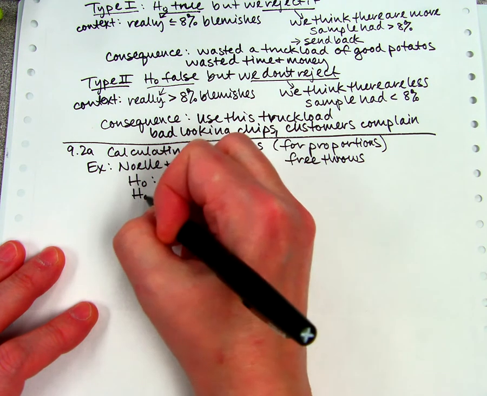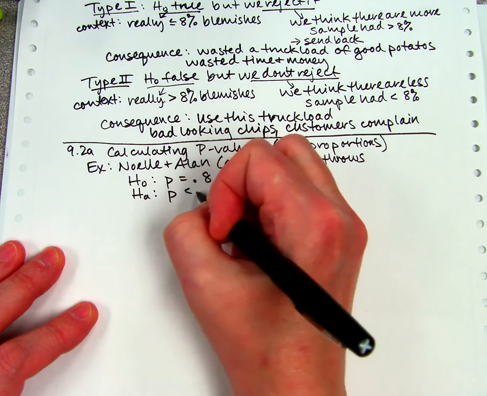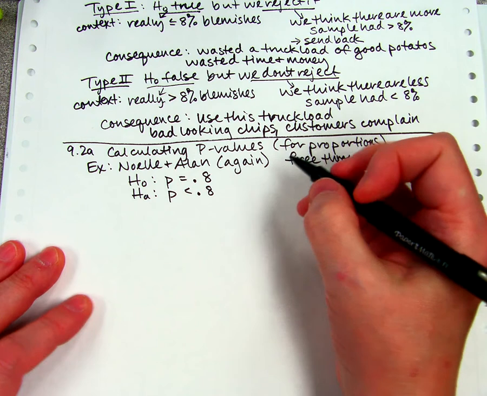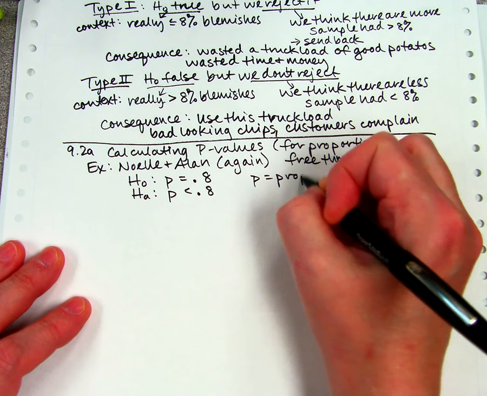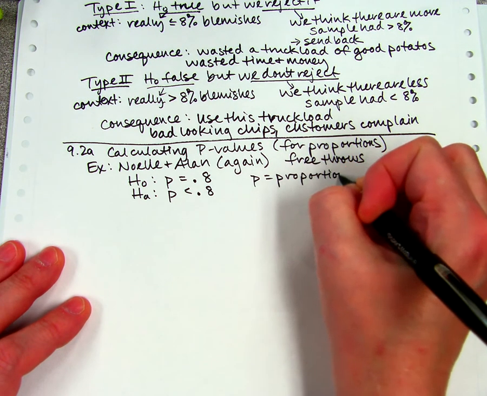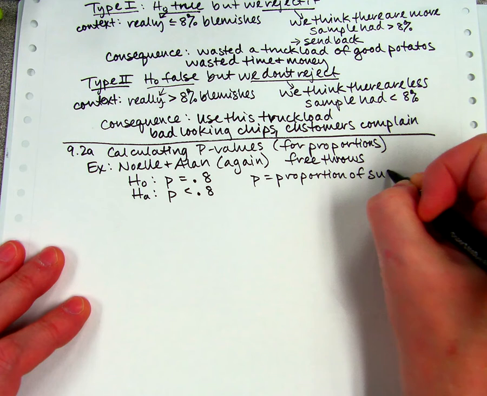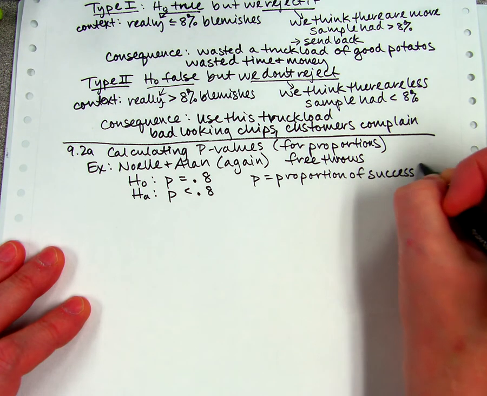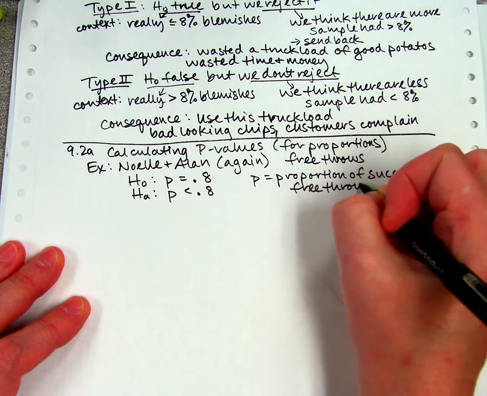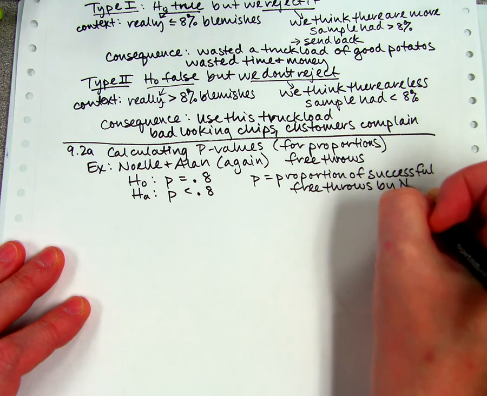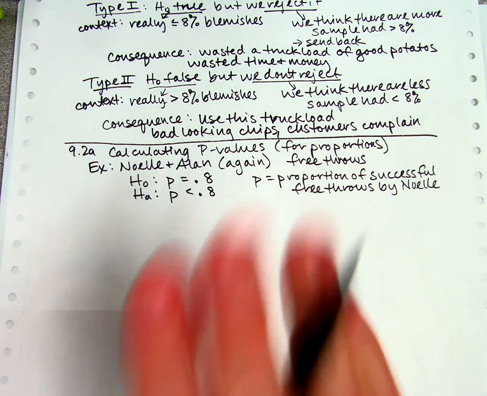The alternate was what Alan said, which was p is less than 0.8. He didn't think she could really make that much, and p is the proportion of successful free throws. I realize we've written this before. I'm just trying to be thorough. All right, so that's the review part.